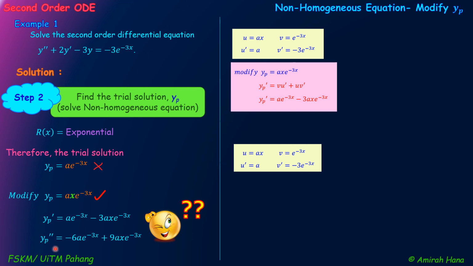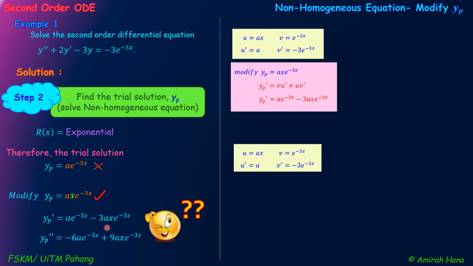Alright. To differentiate ae to the power of negative 3x, okay, this is multiplication by a constant, so we just differentiate directly. Okay, we still have constant a, and then differentiate e to the power of negative 3x. We got negative 3ae to the power of negative 3x.